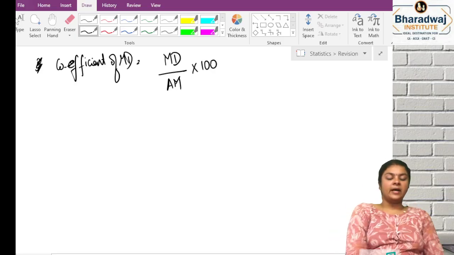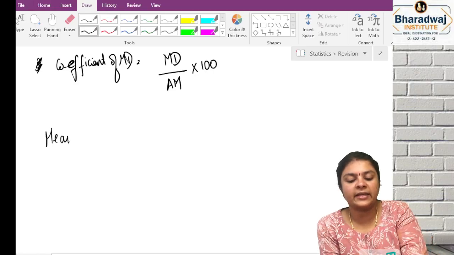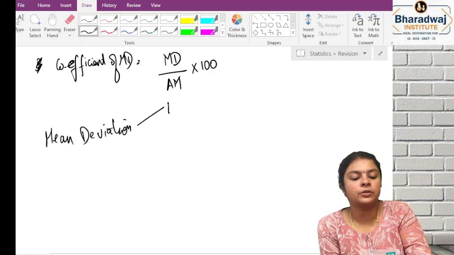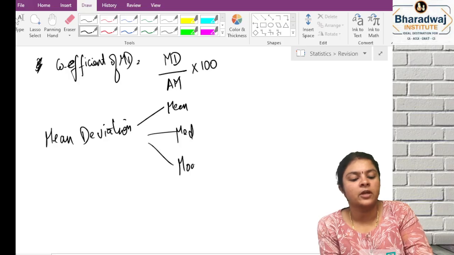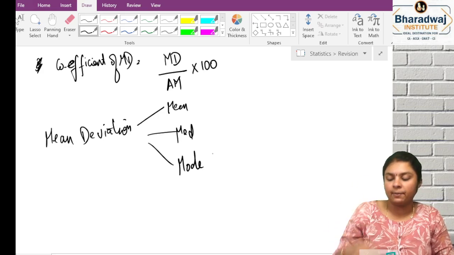Now remember, mean deviation is one measure of central tendency which we can calculate about mean, median or mode. So the question will tell you, calculate the mean deviation about median, about mode.